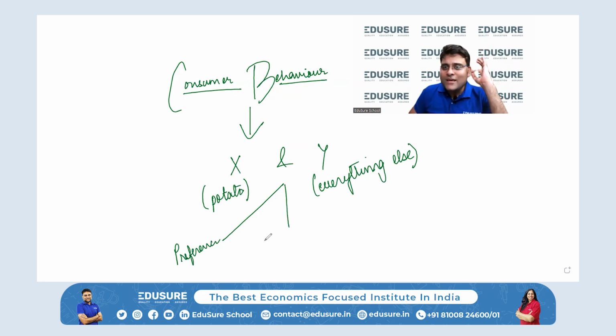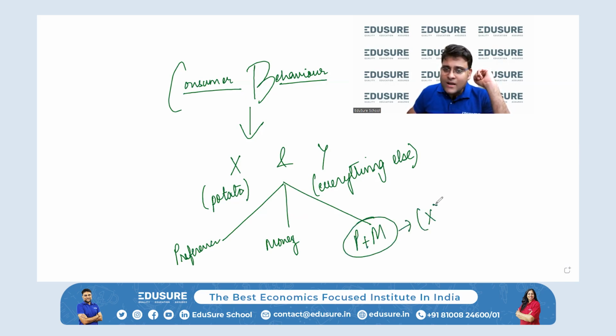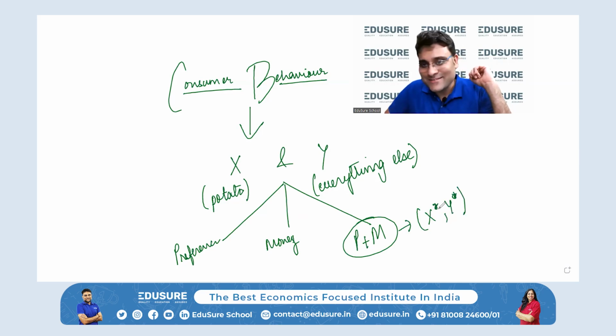The money in the pocket of the consumer will determine how the consumer behaves. And this preference plus the money income interaction will give us the optimal X and Y that the consumer will be purchasing from the market.